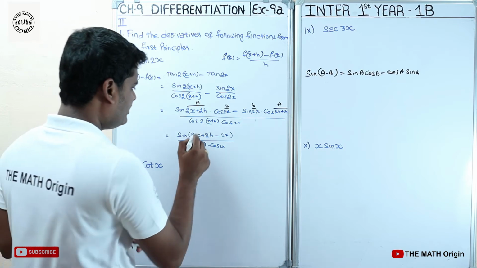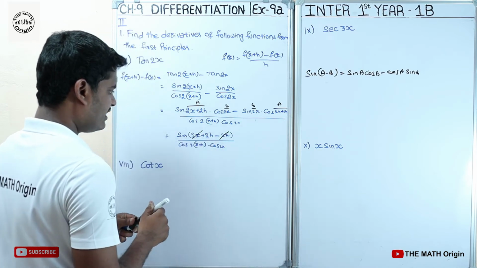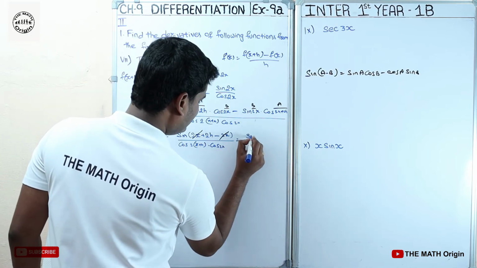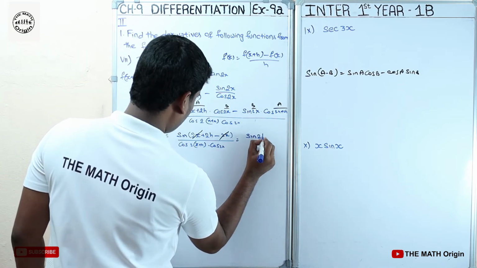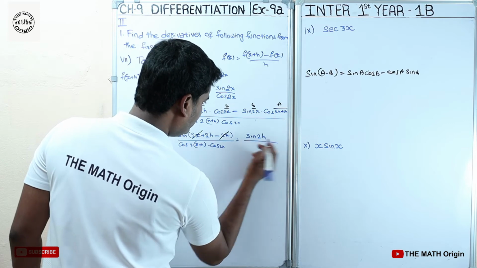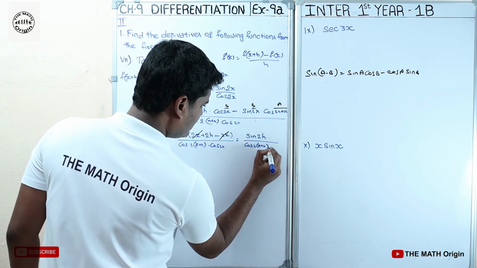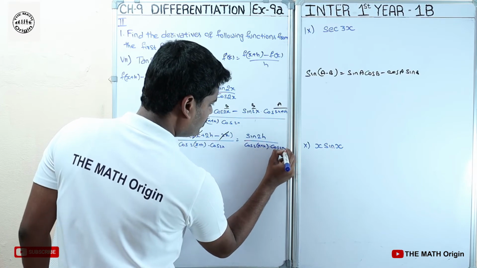Now sin 2x is cancelled and we have only sin 2h by cos 2 of x plus h into cos 2x.